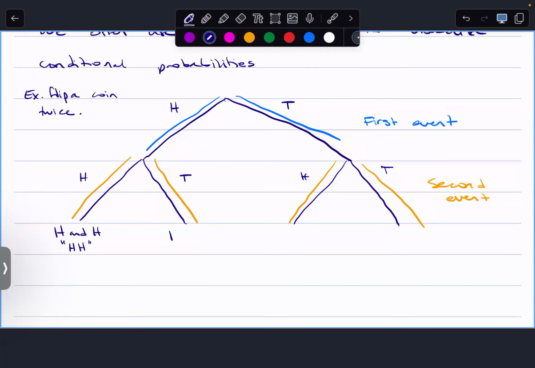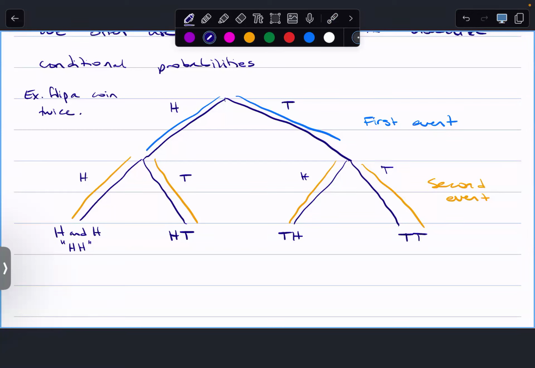The next option would be I flipped a heads and then I flipped a tail, HT. Then I flipped a tail, then a head, TH, or a tail, then a tail, TT.